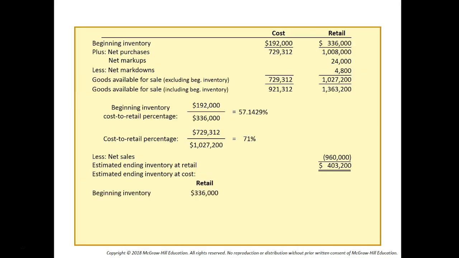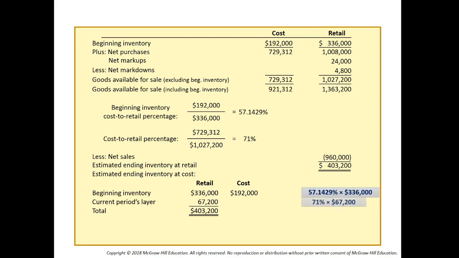In order to then figure out the breakdown here, we show on the beginning inventory at 57.1429% times our retail price of the beginning inventory, and we'll do that also during the purchases during the year because that breakdown was at 71%. So our cost then for the beginning inventory is at 192.